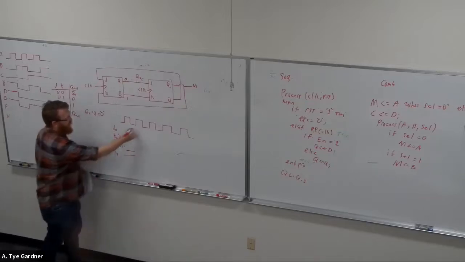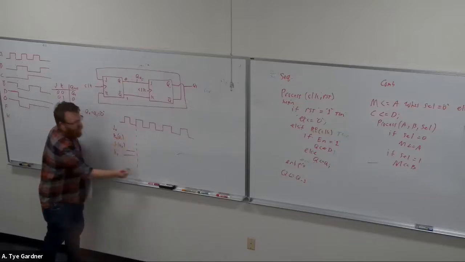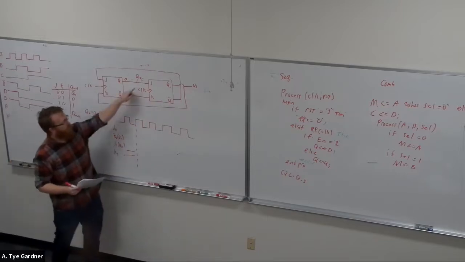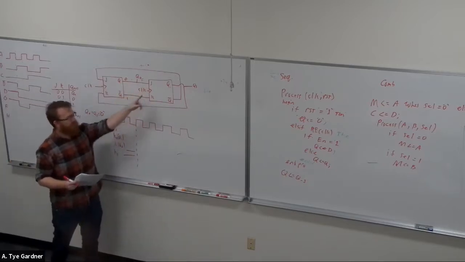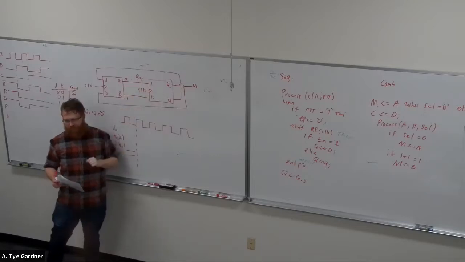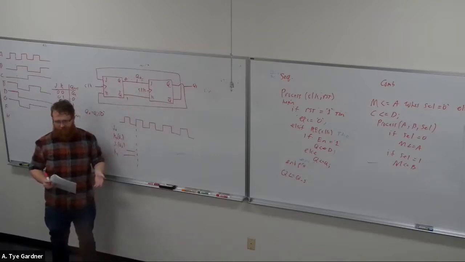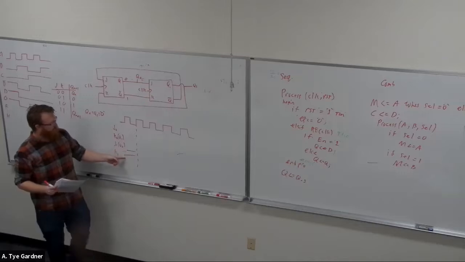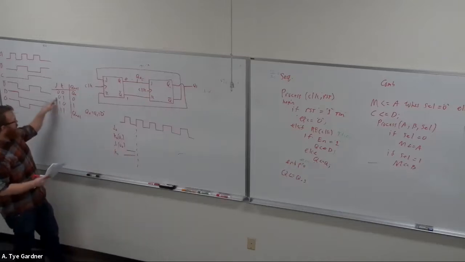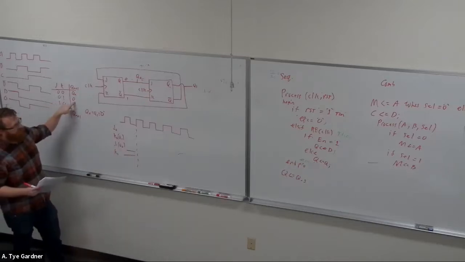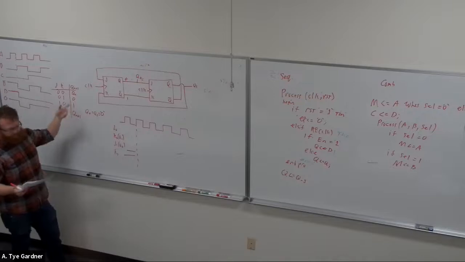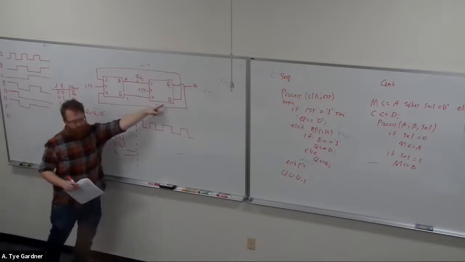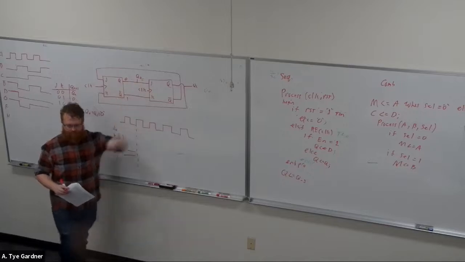Then I start looking for rising edges of clocks and asking what the output does when it sees that rising edge given the JK inputs. If it's 0, 1, it sets Q1 to 0. Then you feed it back around and step through.